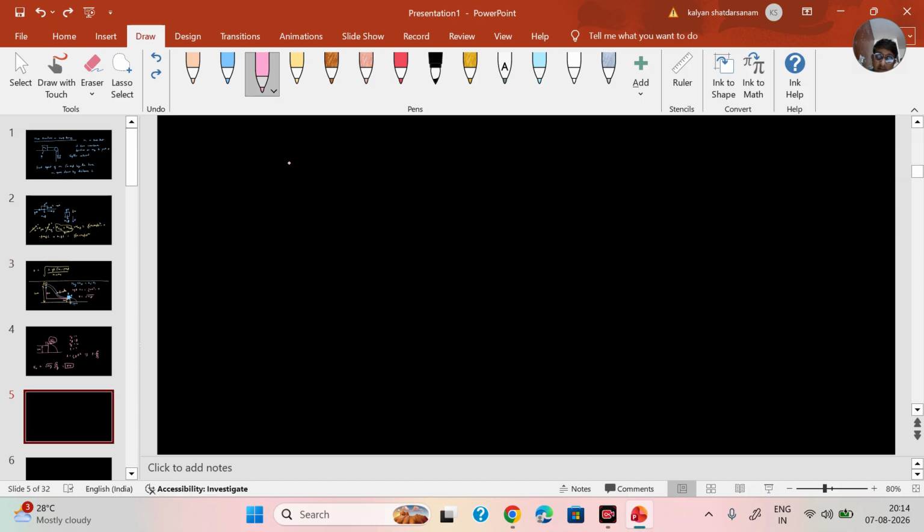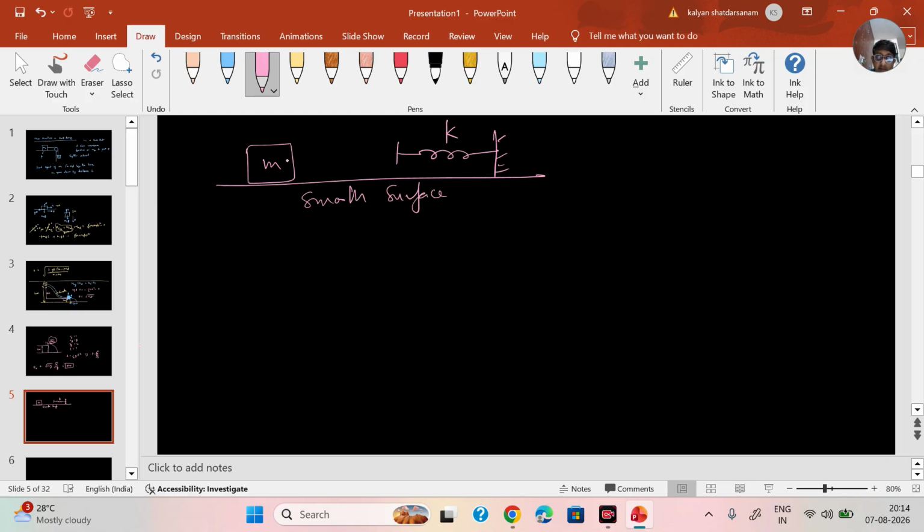Then let us see some spring based questions. Suppose I have a block of mass m, and here is a spring of constant k. Spring is relaxed and this is a smooth surface, no friction, and this block is coming with a velocity u. Find maximum compression in spring.